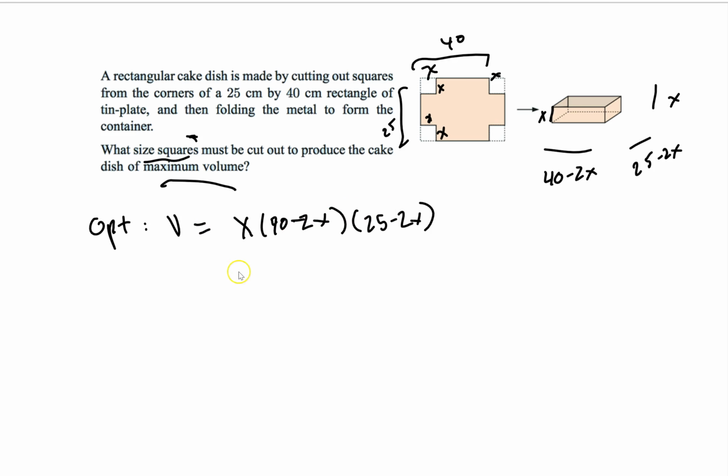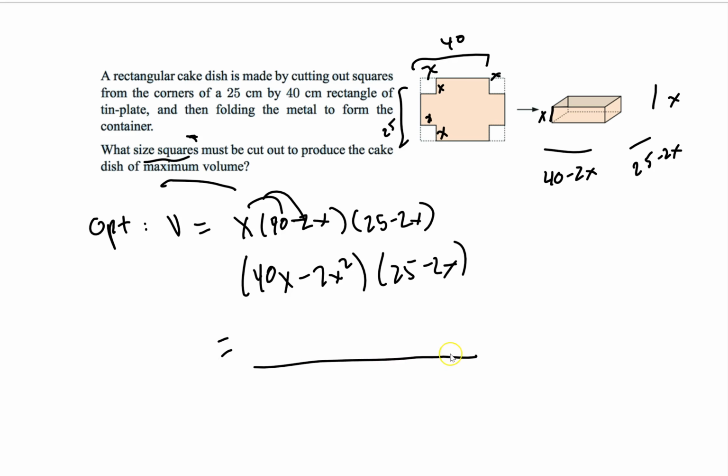Well, you multiply it out, take the derivative, set it equal to 0. Good old distribute. 40x minus 2x squared times 25 minus 2x. Now we distribute again, and we're going to get something long. Then we take the derivative, set equal to 0. Let me get the actual answer for this, because I'm probably going to care. Skipping on the math so I don't waste a bunch of your time.